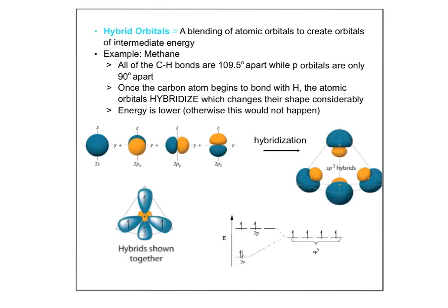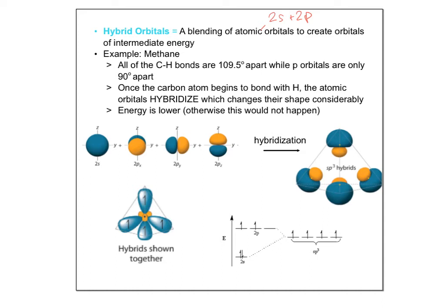This idea involves hybrid orbitals. We are blending those atomic orbitals, for carbon the 2s and the 2p, to create an in-between energy orbital that is all the same, because 2s and 2p are not equal in energy.